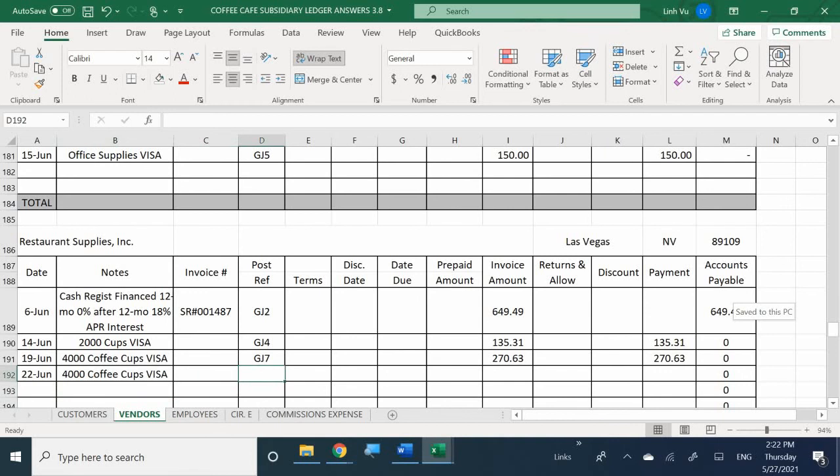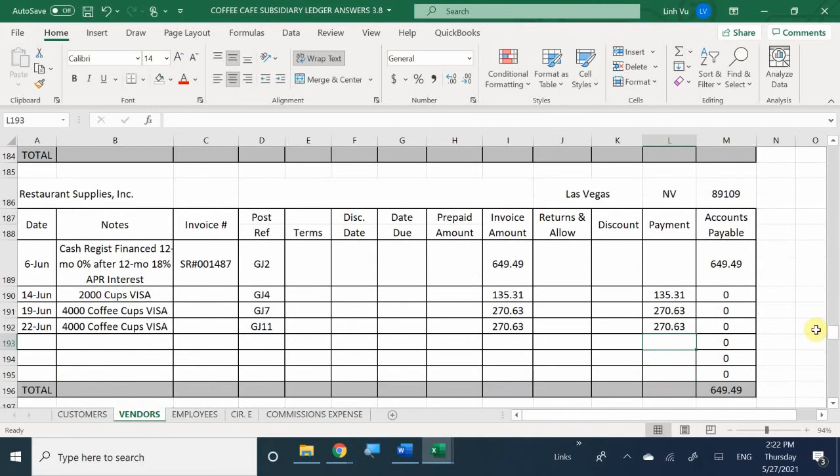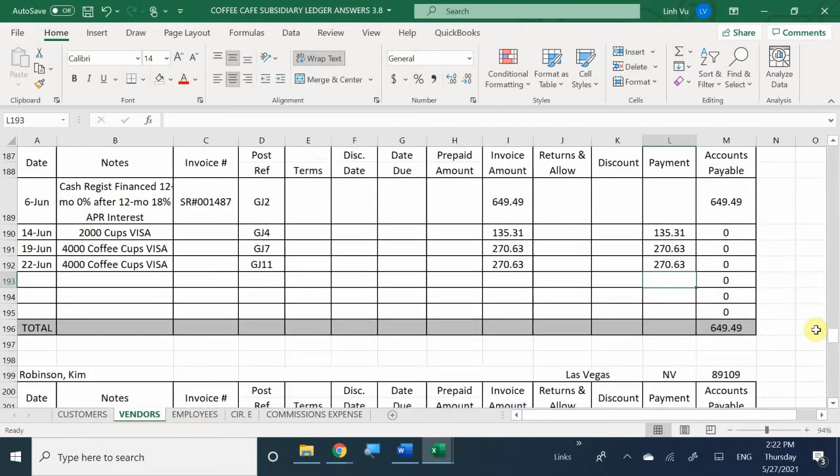Post reference of GJ11. Invoice amount 270.63. And payment of 270.63, which should show a balance of still 649.49. Yes. And then we are finished with that transaction.